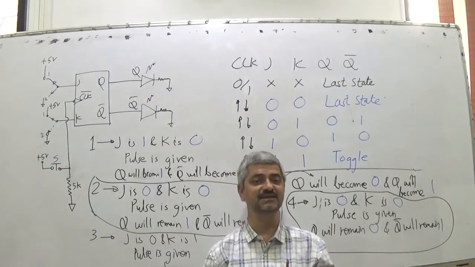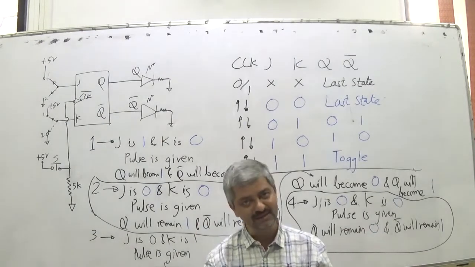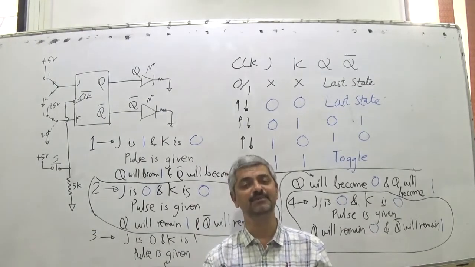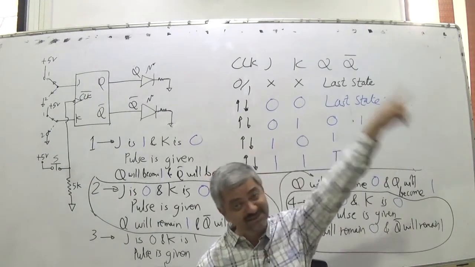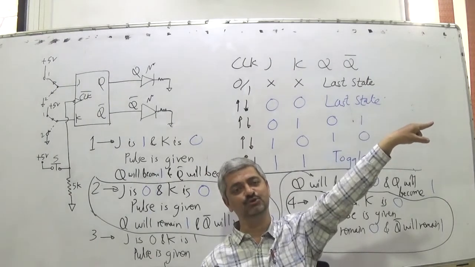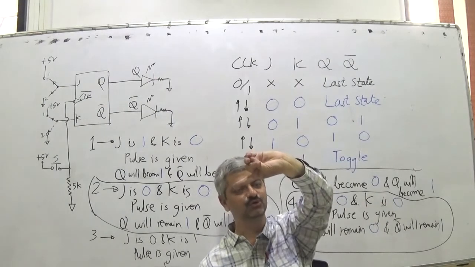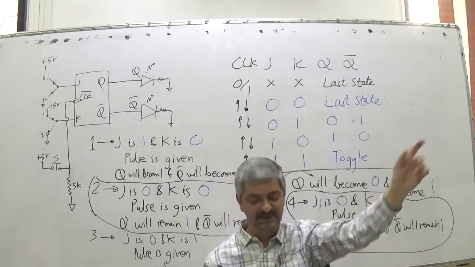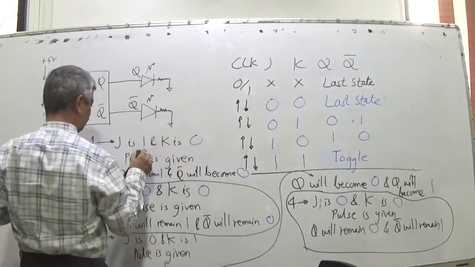So input combinations 0 0 and 1 1 are non-demanding input combinations. They don't fix the output. They allow either the previous output to continue or they make the previous output change, toggle. Now this is one example we have to give.